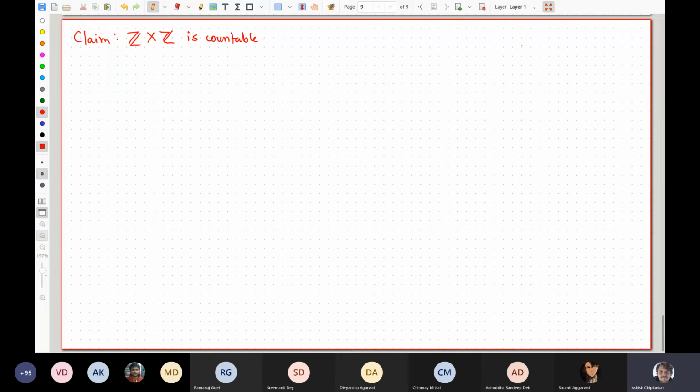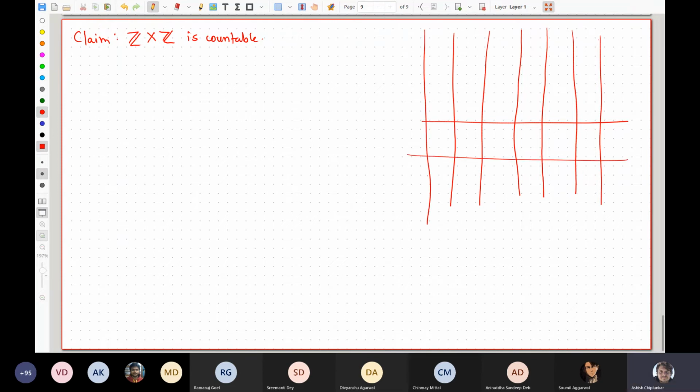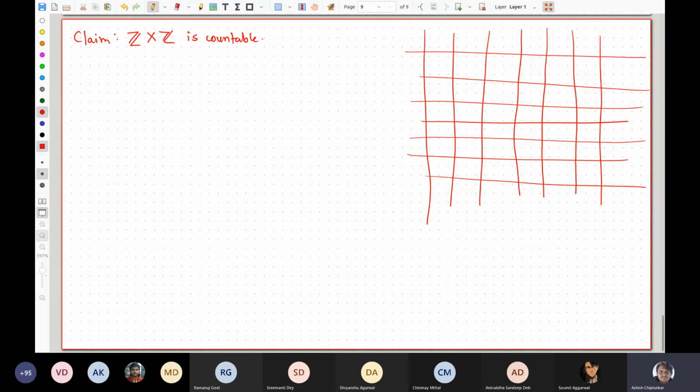And Aniruddha's idea is to look at Z cross Z. Right, suppose this is your (0, 0). This is your origin.